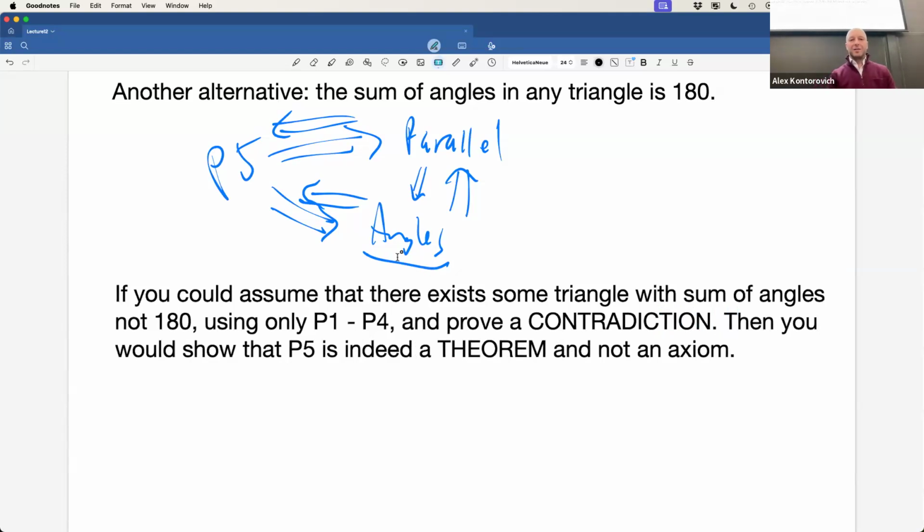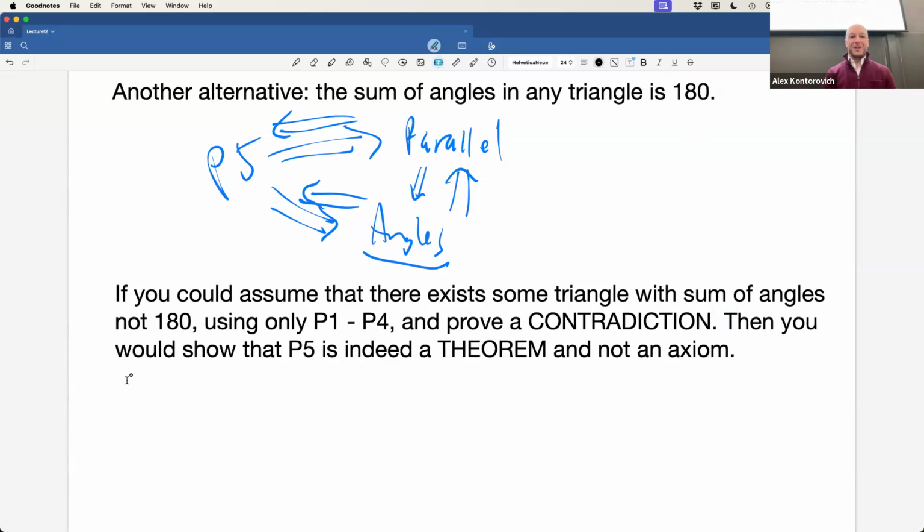Well, let's see. By contradiction, assume that there is some triangle whose sum of angles is not 180. Long string of arguments follow. I don't know what they are. And then you arrive at a contradiction. Therefore, for every triangle, the sum of the angles is 180. Okay? Does that make sense?